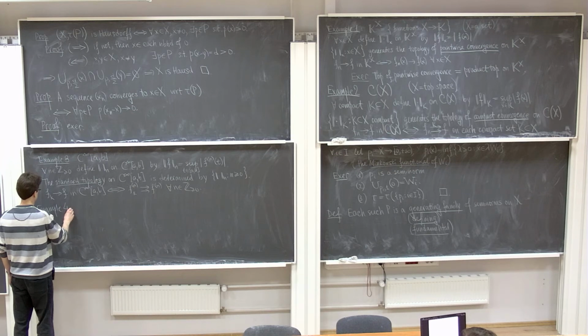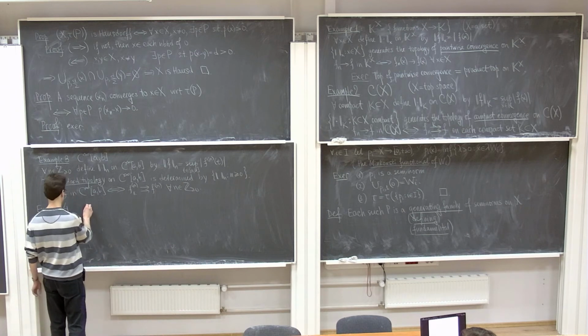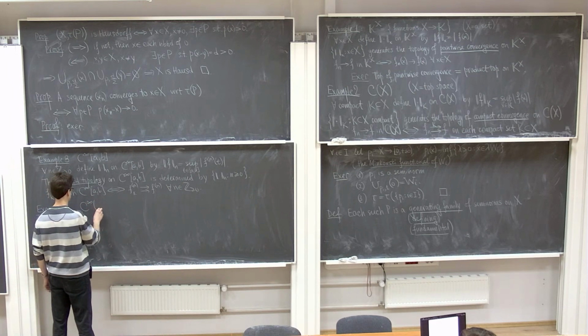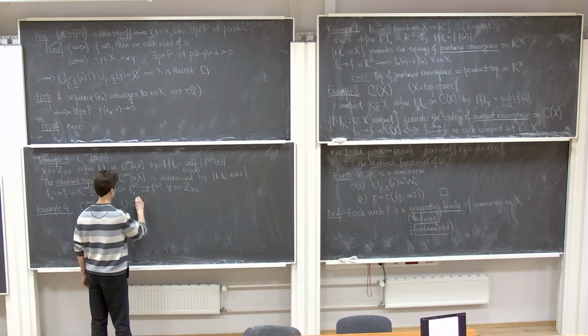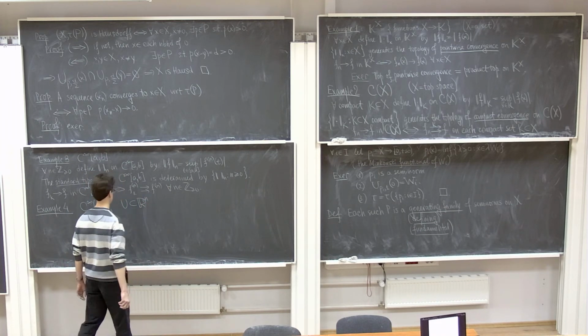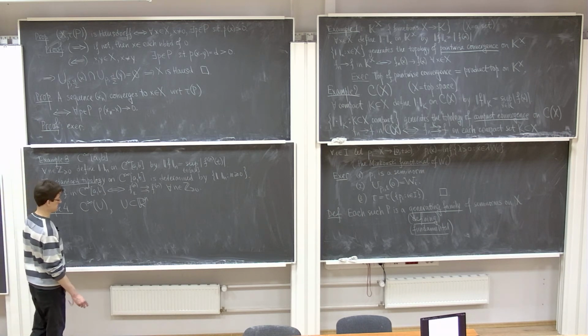Example 4. Let's now take the space of smooth functions on an open subset of R^n, C infinity of U, where U is an open subset of R^n. In some sense, this is a combination of two previous examples. So to define the canonical topology, it's convenient to use the standard multi-index notation.